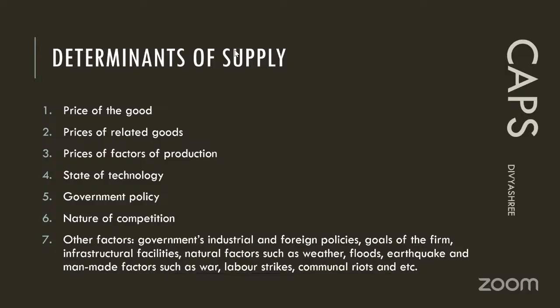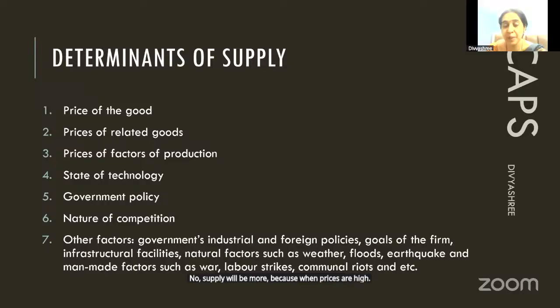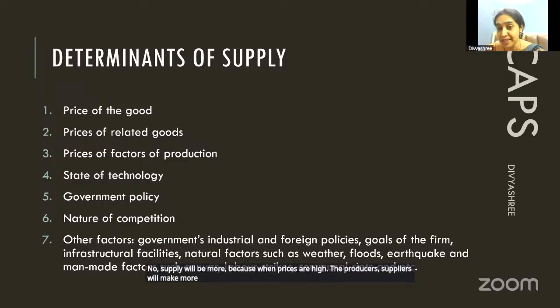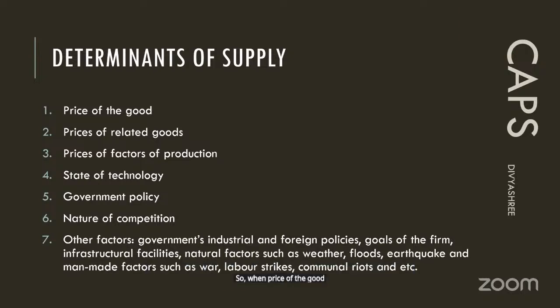No, supply will be more, because when prices are high, the producers and suppliers will make more profit, right? So when the price of the good is more, supply will be more. If the price of the good is less, supply will be less.